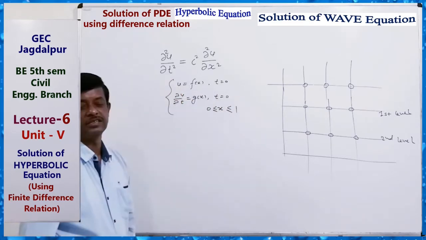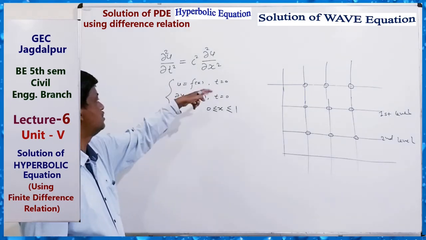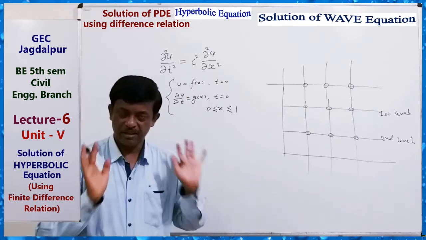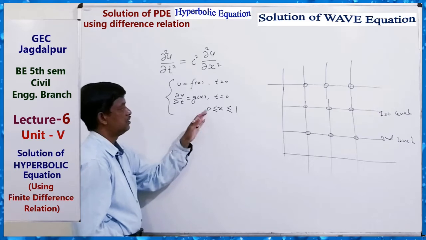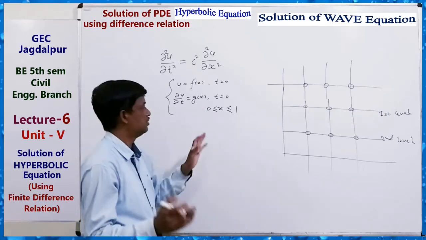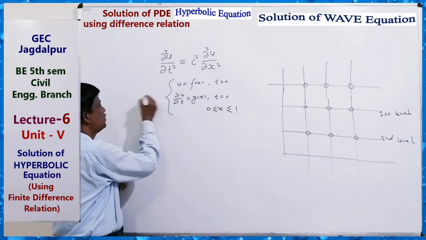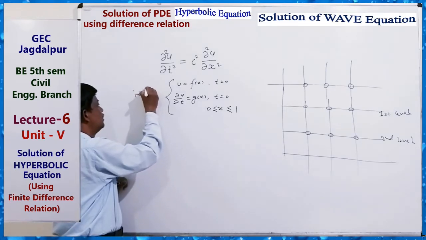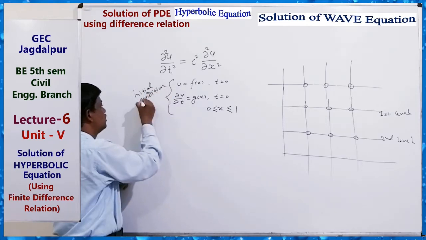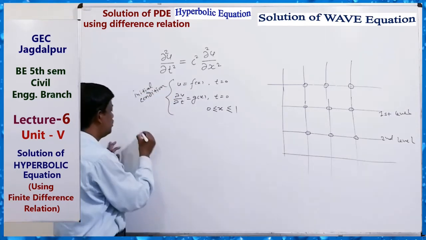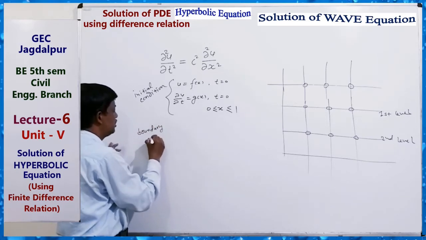This is the initial condition: u(x,0) equals f(x) in terms of x, and also del u by del t equals g(x), with x lying between the boundaries 0 and 1. Two initial conditions are there, and also the boundary condition.